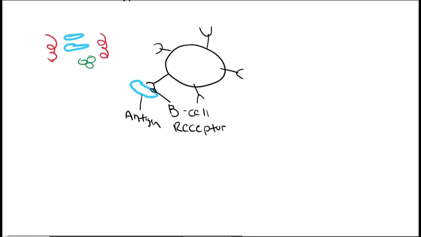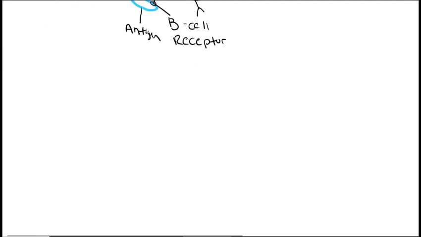Once the B cell binds to the antigen, it's going to take that antigen into its cell, and it's going to degrade it and chop it up into little fragments.